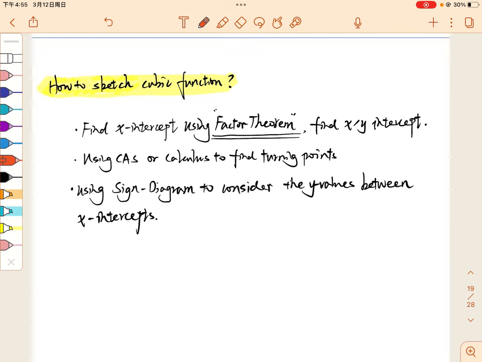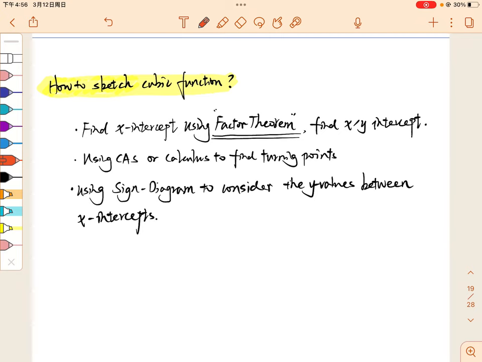And this one is how do we sketch the cubic function. It might require a little bit of information that we haven't covered so far. So when we try to draw the cubic function, we use the factor theorem to find our x and y intercepts first. So we're finding out where the graph might touch the x and y axes.